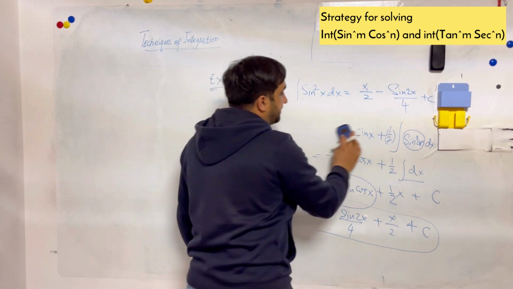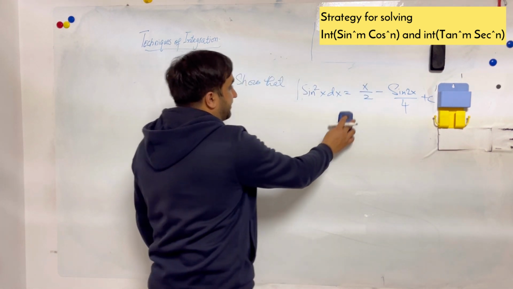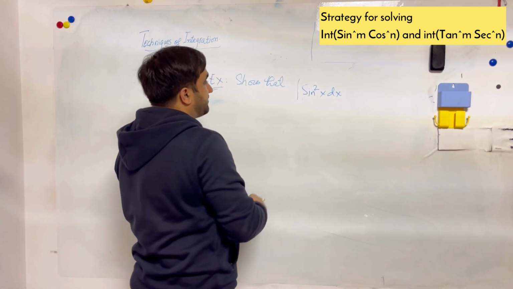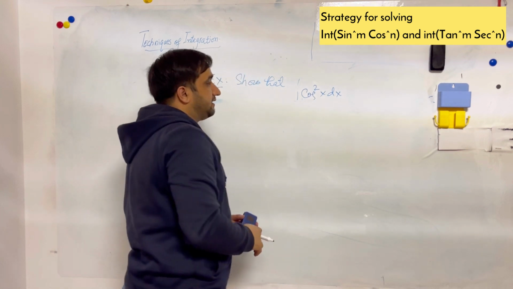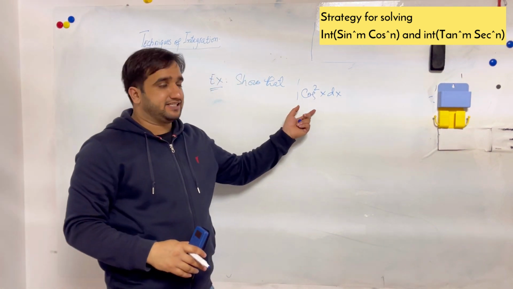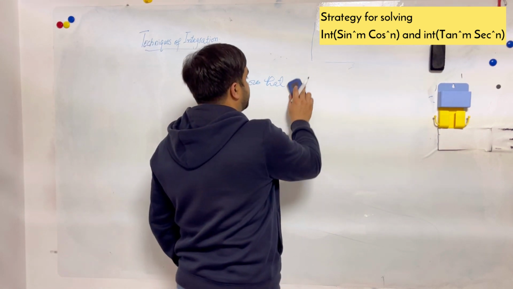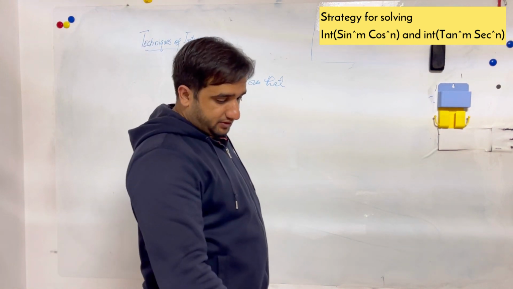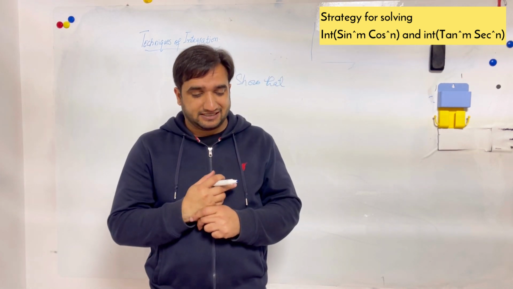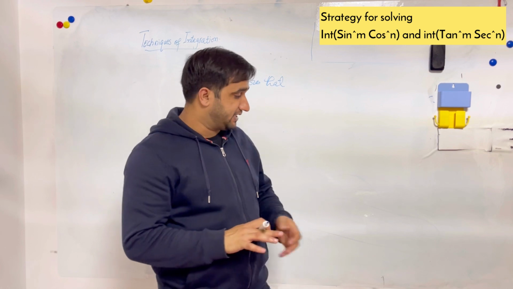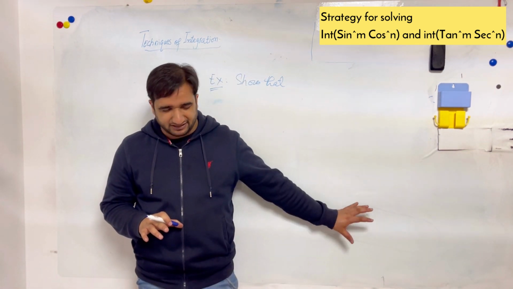Similarly, if you have the same integral but in terms of cos, then you can try to solve it by putting n is equal to 2 into the cos reduction formula, and you will get the answer. Wherever you go, for example, here we use the half angle formula.